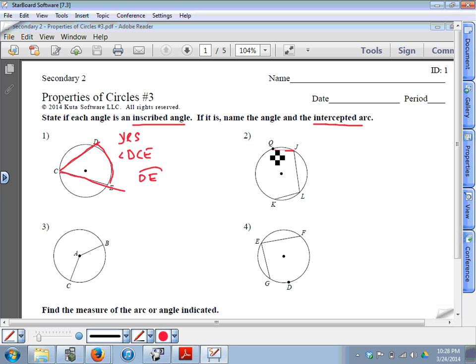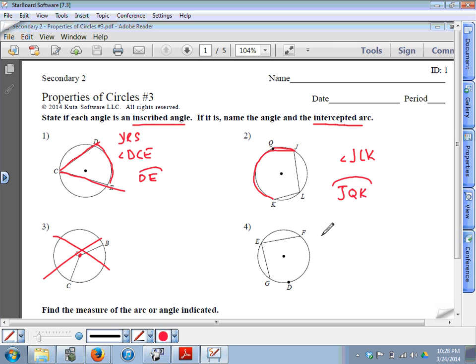So the arc is from here to here, but because it starts at J and passes through point Q, you have to list point Q as part of that arc. So the arc is JQK. The angle is angle JLK. This one wasn't even an inscribed angle because this vertex is the center. That's actually a central angle, which we're going to talk about here in a few minutes.